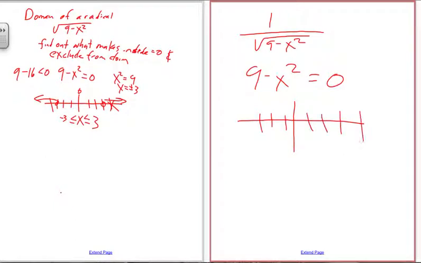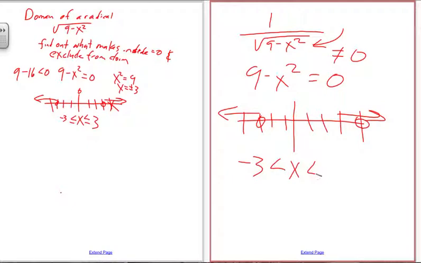And we know that anything out here and out here is excluded. Now the problem is now this thing is in the denominator, which means it also cannot equal 0. So the only difference is you don't put the equal signs in. And that's the only big difference on it. All right.